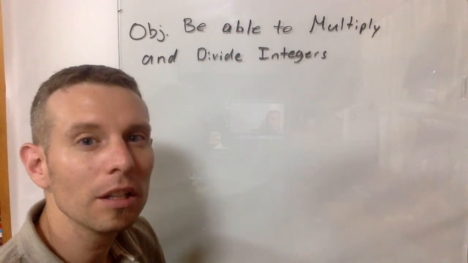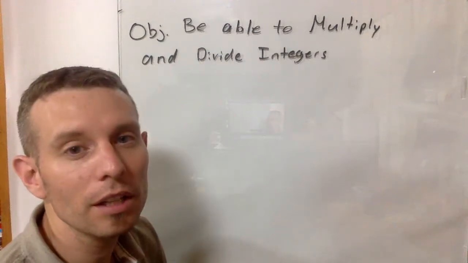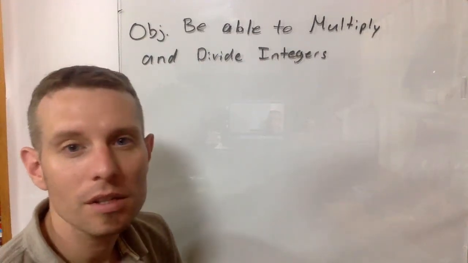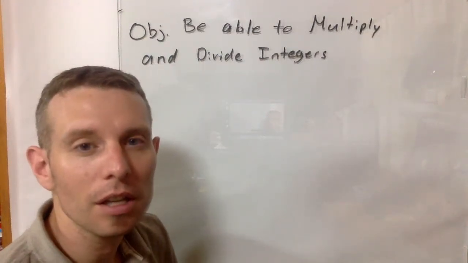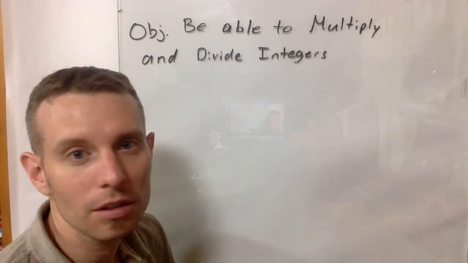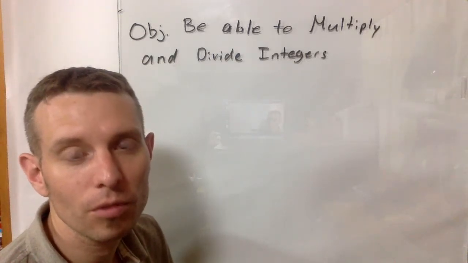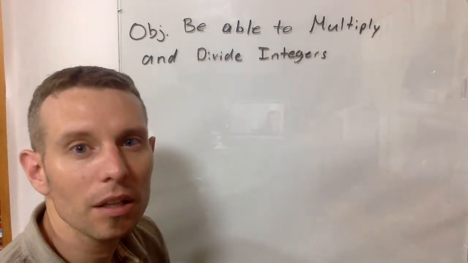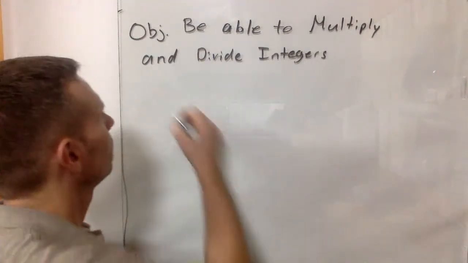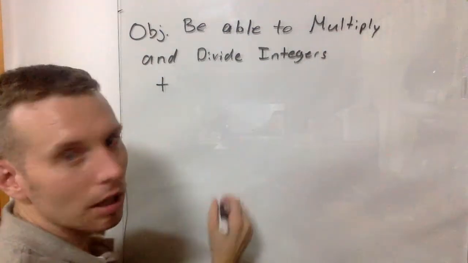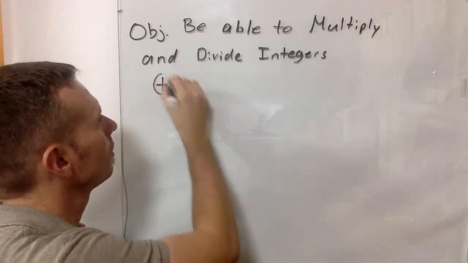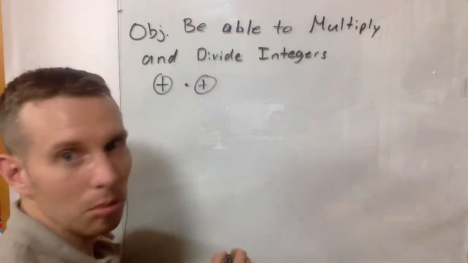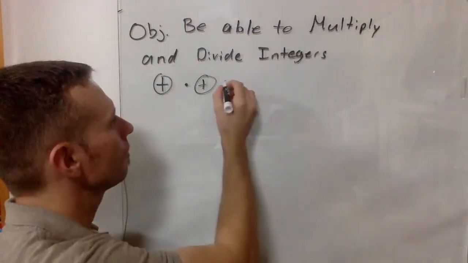When multiplying or dividing integers, the way that you know the sign of your answer is basically the same rules for multiplying and dividing, and that's this: a positive times a positive equals a positive.